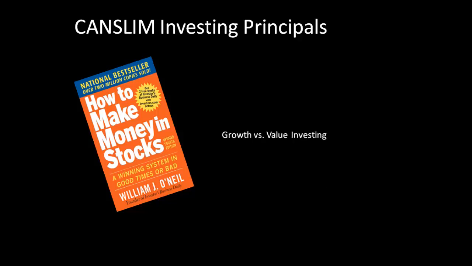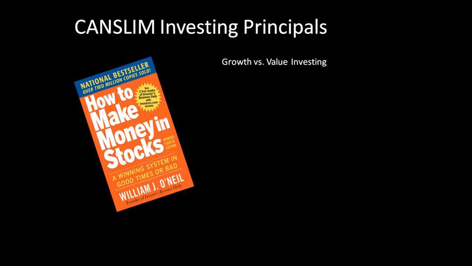So today we're going to go into some of the topics and principles in the book and try to explain the differences between other types of investing and growth investing, which is what CanSlim is.